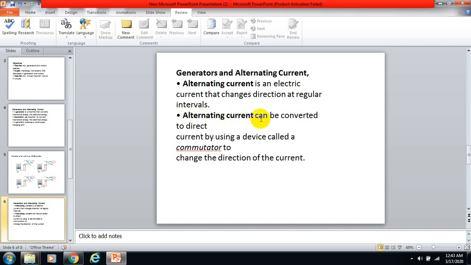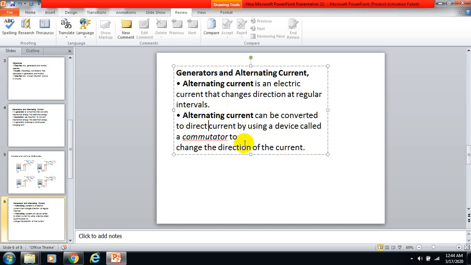Alternating current can be converted to direct current by using a device called a commutator. Understand? It is known as what? Commutator.